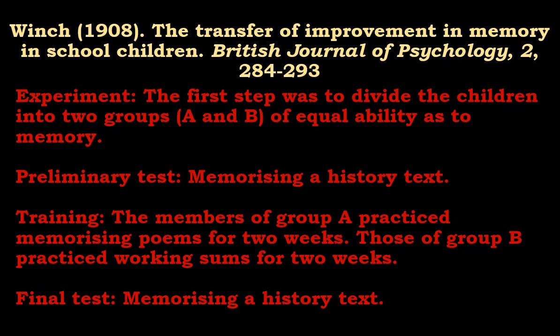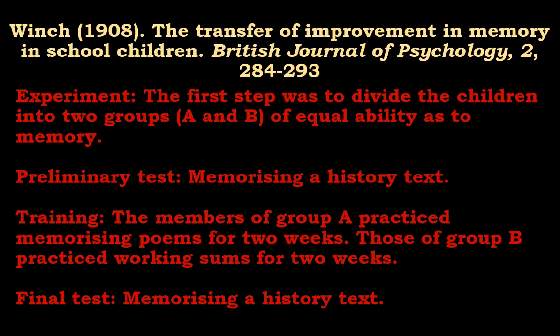Remembering the method of differences, Mill taught us to create conditions in which some circumstances are the same, and there is only one circumstance that varies, and we see whether the phenomenon that we're interested in occurs or not. So what Winch is doing here is, at least in memory, we want in this characteristic the participants in this study to be the same.